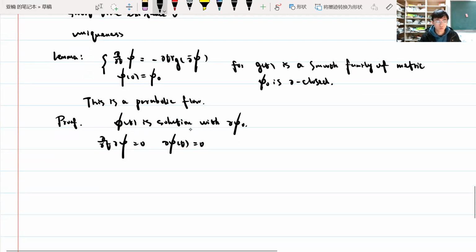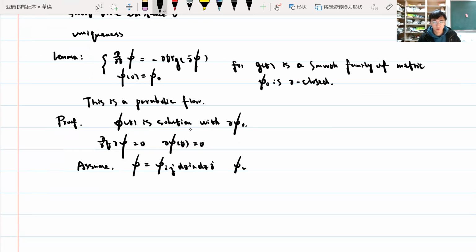And we also, in local coordinates, write phi as phi ij, with g. Here the coefficients are skew symmetric.